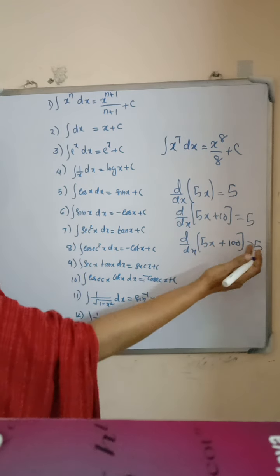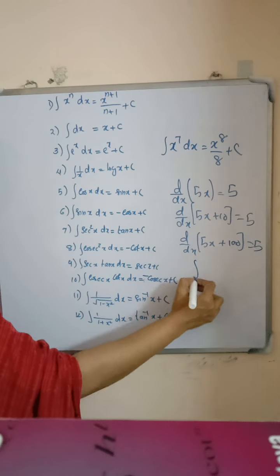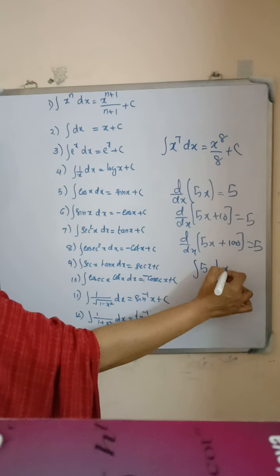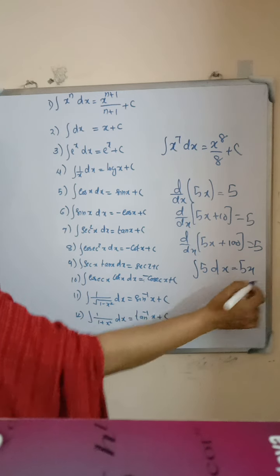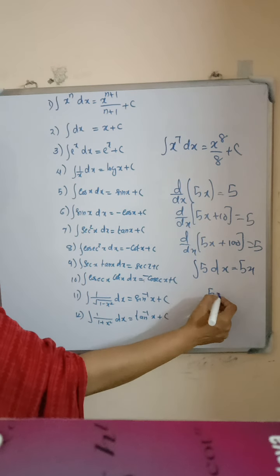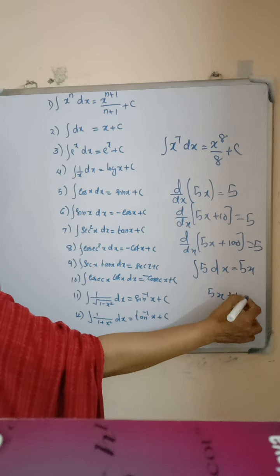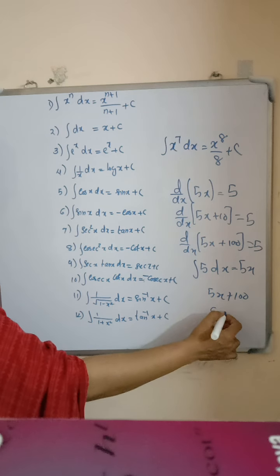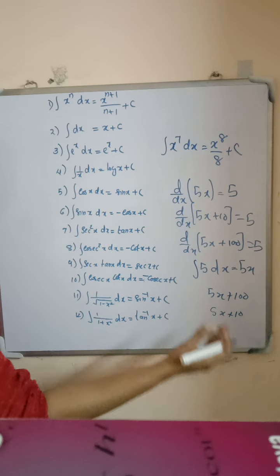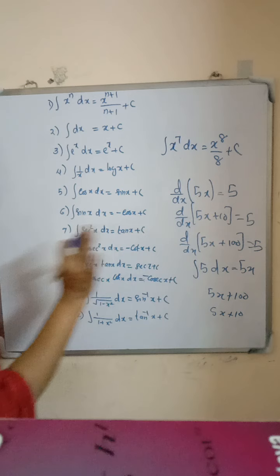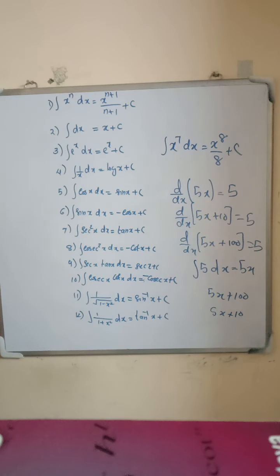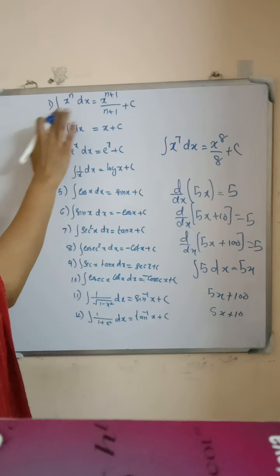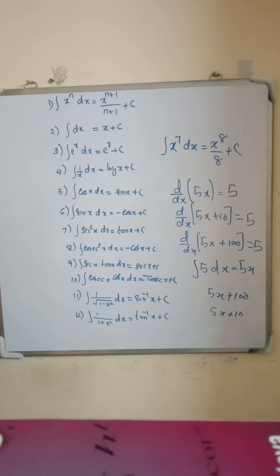So if we take the integral of 5 dx, one can return the answer as 5x, another as 5x plus 100, another as 5x plus 10. So 5x plus any constant is the answer of integral 5 dx. So we write here all the constants. So integral x raised to n dx is x raised to n plus 1 by n plus 1.